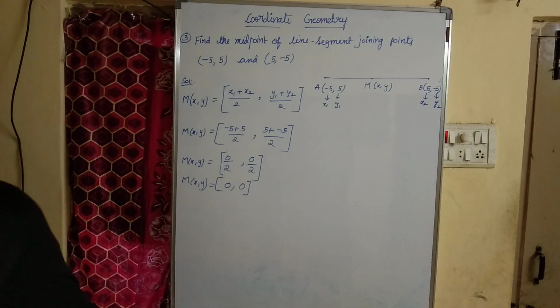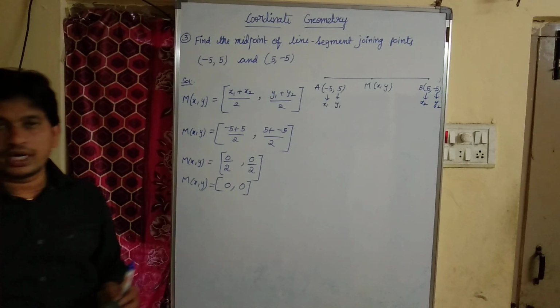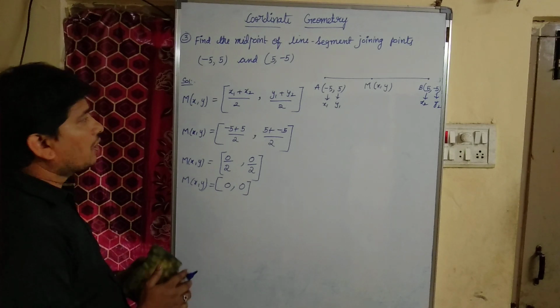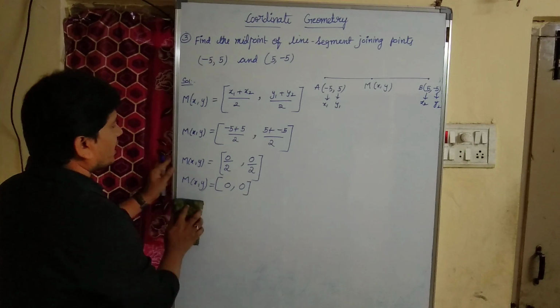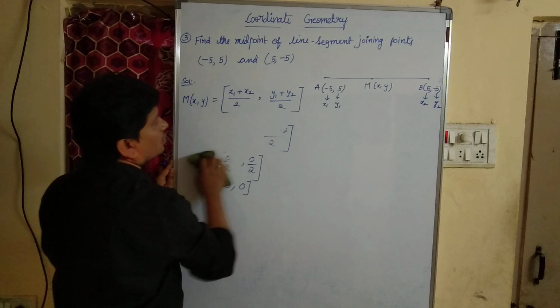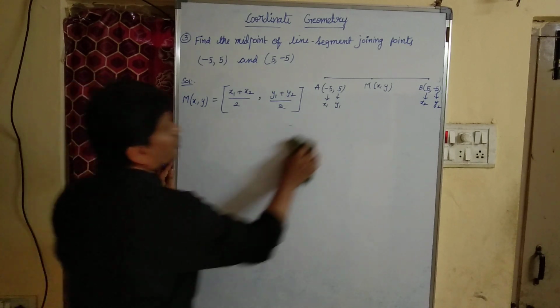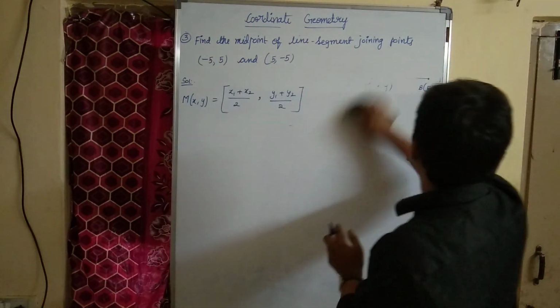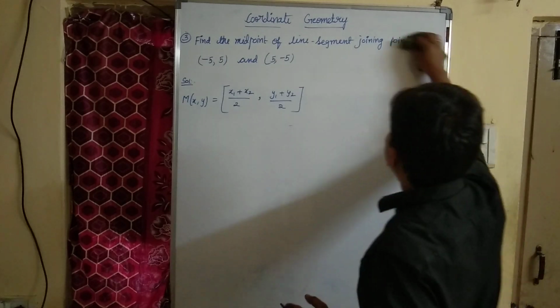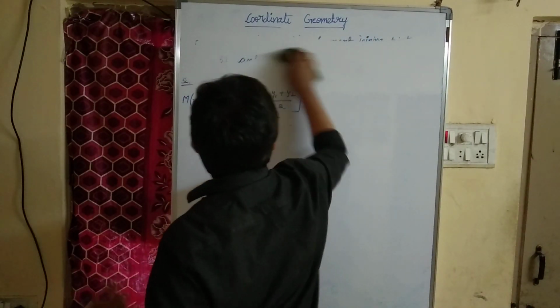So children, what is the formula to find the midpoint? Midpoint M of x comma y equal to x1 plus x2 by 2 comma y1 plus y2 by 2. That is the formula to find the midpoint of line segment joining points.